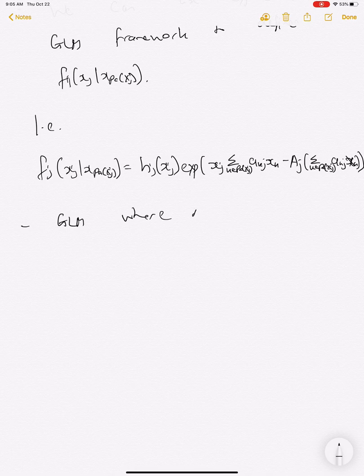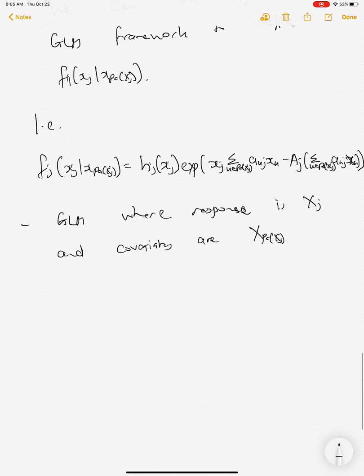where, so we typically refer to the response as y. This is a little bit different and something to get your head around. Here the response is xj, and the covariates are x parents of xj. So that's all the parents of xj.